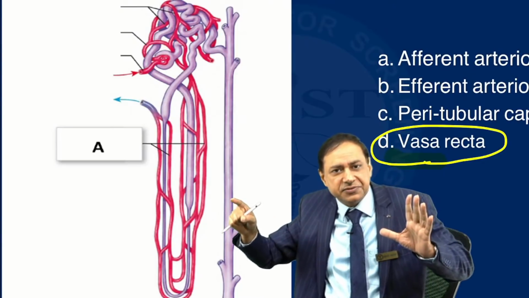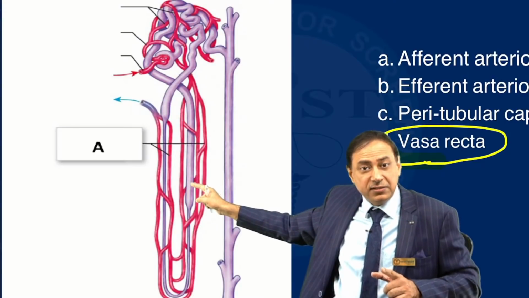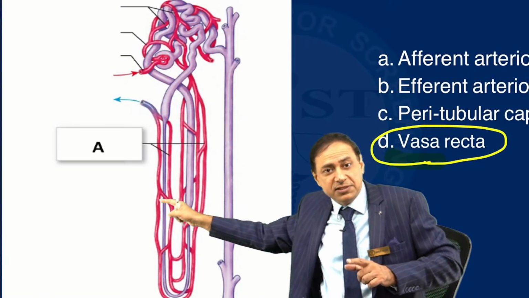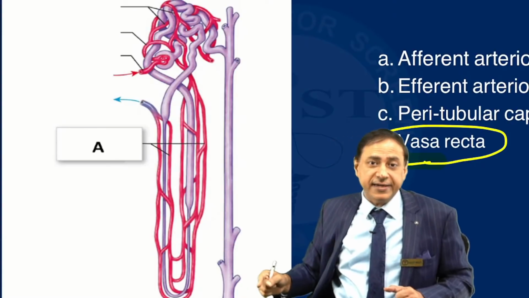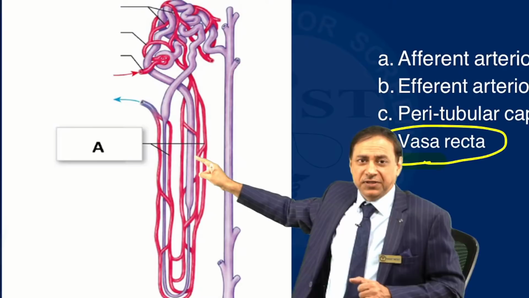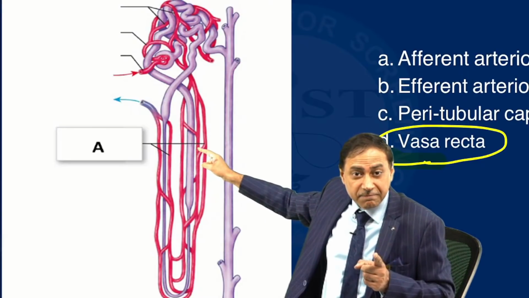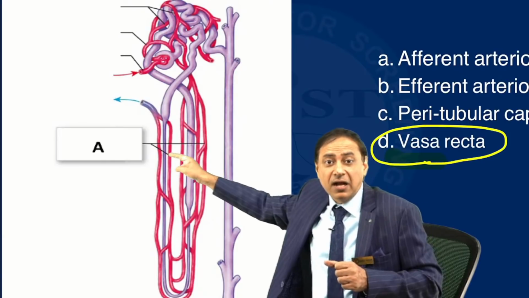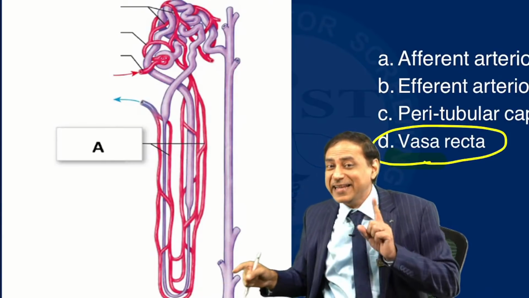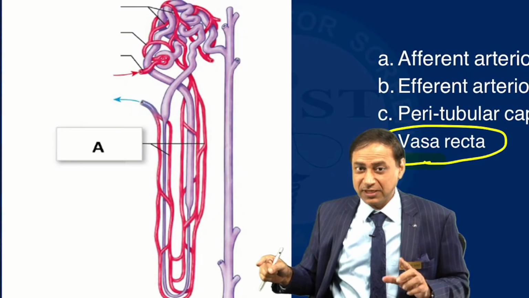This is the loop of Henle, and surrounding the loop of Henle, these blood vessels are the vasa recta. In the loop of Henle, we have the counter current multiplier, and in the vasa recta, we have the counter current exchanger.